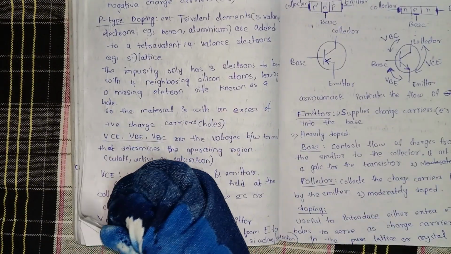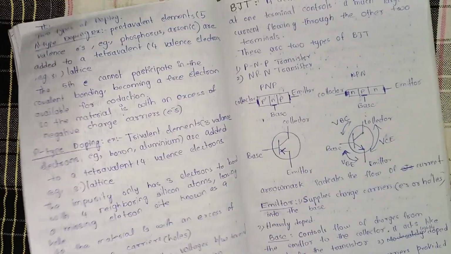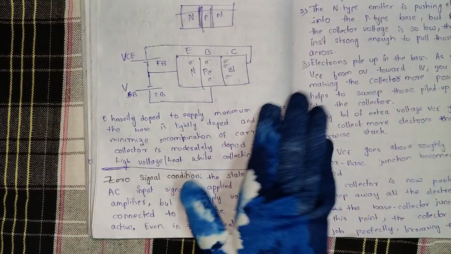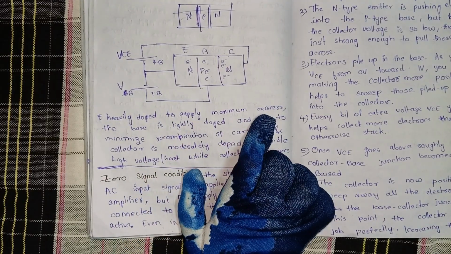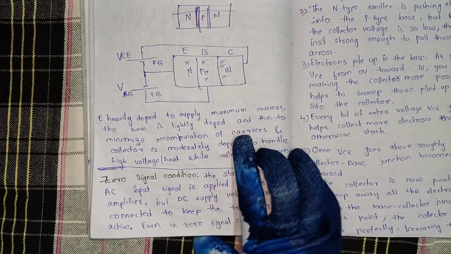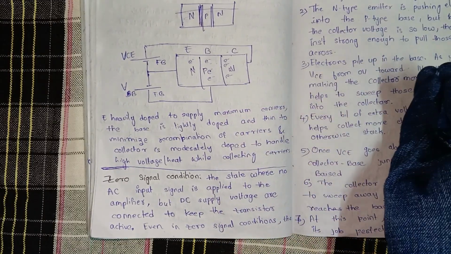Then why is it heavily, lightly and moderately doped? The emitter is heavily doped to supply maximum carriers. Doping means adding extra electrons.